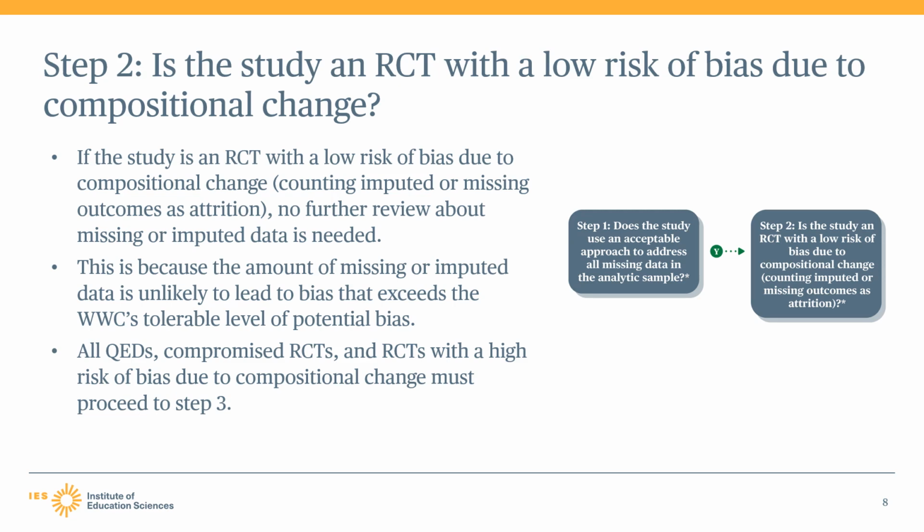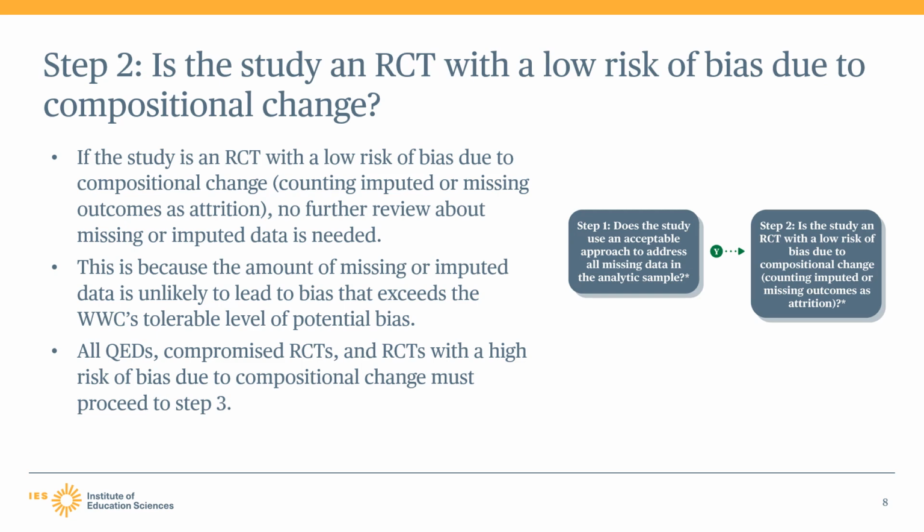Cluster-level RCTs satisfy this requirement by demonstrating low cluster-level attrition, low individual-level attrition, and excluding any high-risk joiners from the analytic sample. When calculating overall and differential attrition rates, reviewers should remember that units with imputed or missing outcome data are counted as attrition.